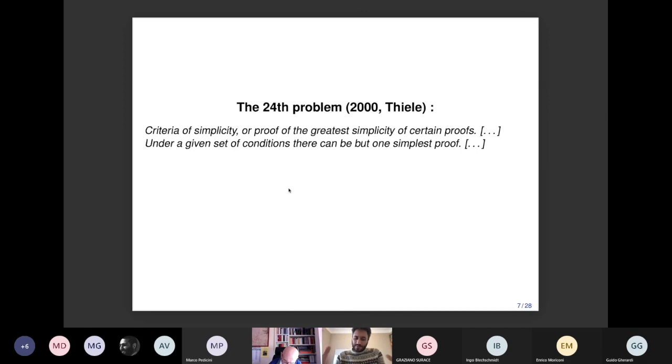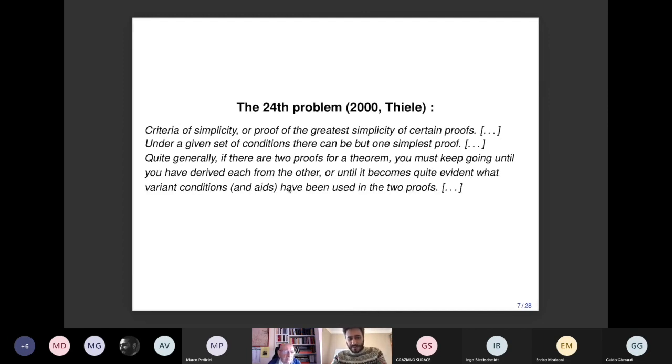I think the idea was to have, what he wrote is to have a process to take one proof and to reduce it to a simpler proof. So here still the question is what is a simple proof. Is it a shorter proof? Is it a proof in which we make fewer assumptions? Is it a proof which is self-contained?